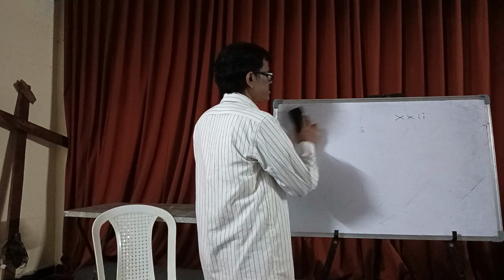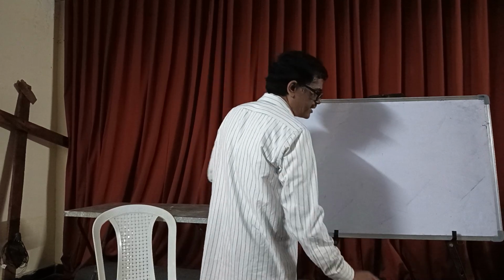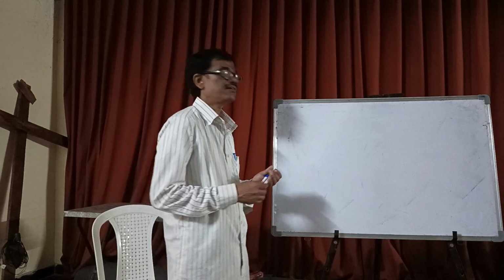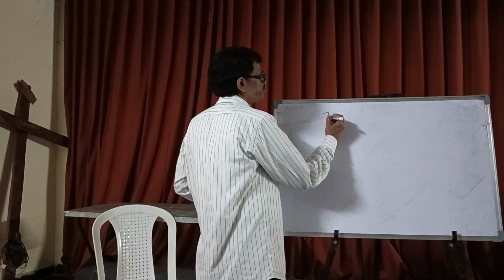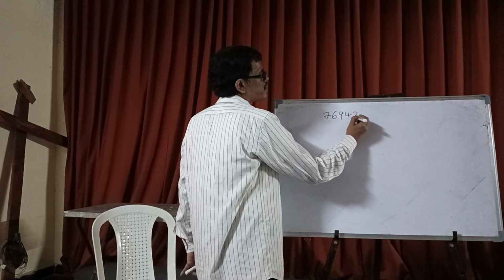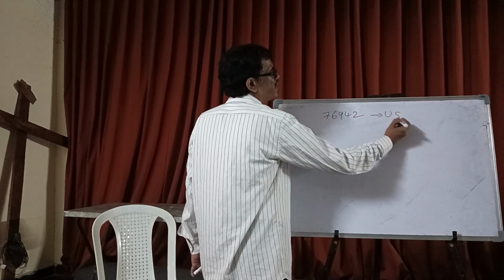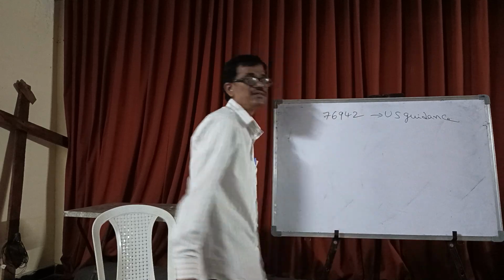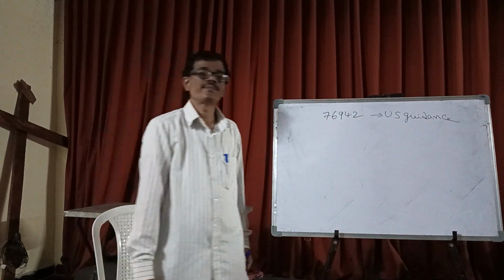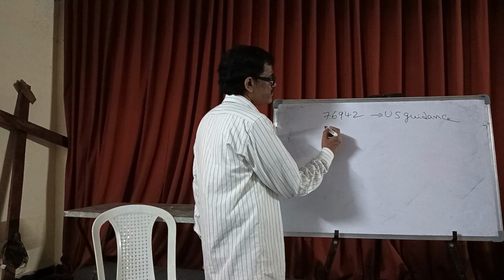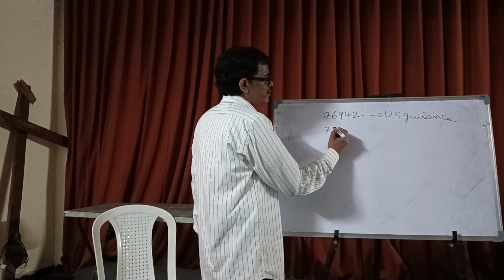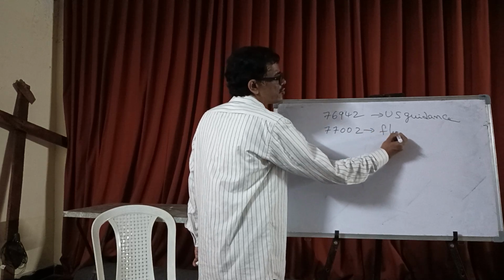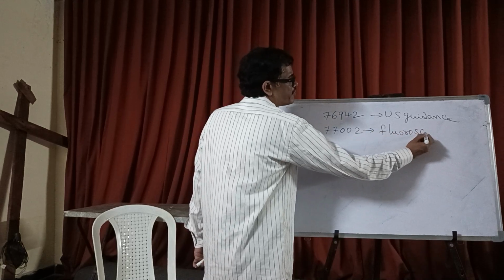Let us come back here. There are guidances. Let us see 76942. When you look at the number 76942, it is the ultrasound guidance for the needle placement. 77002 is fluoroscopy guidance, under fluoroscopy guidance.